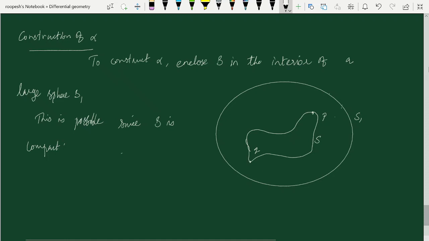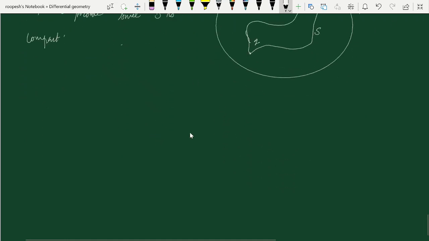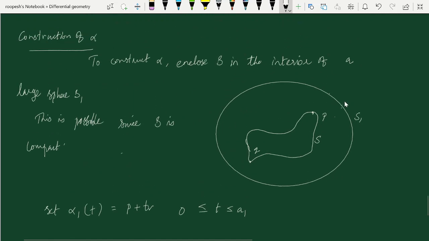Now set alpha 1 of t equal to P plus tV, where 0 less than or equal to t less than or equal to a1. So this is nothing but a straight line passing through P. So I'm taking this as something like this. So this is my alpha 1 now, the image of alpha 1, right?